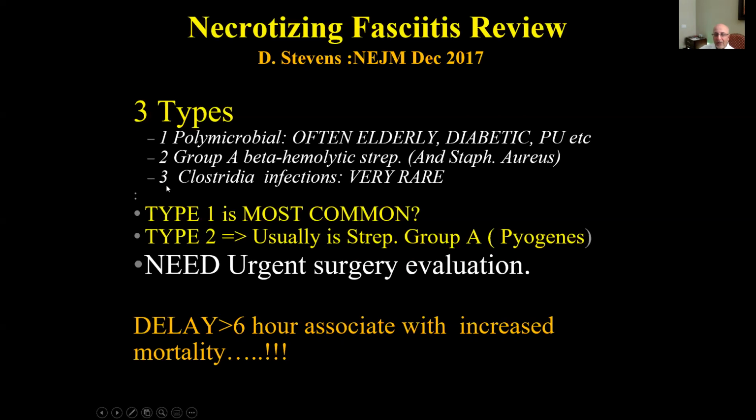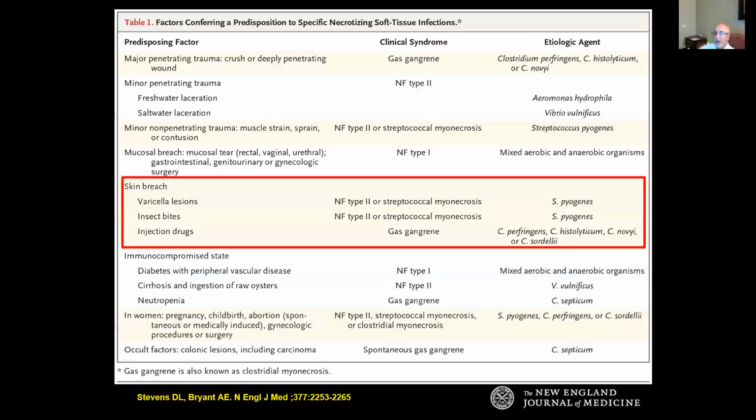Type 3 necrotizing skin infection is due to Clostridia infections that result in gas gangrene. This indeed is very rare, although this is generally what most clinicians think of first. Type 1, by some studies, has been found to be most common. Type 2 involves group A strep or strep pyogenes and staph. However, all need urgent surgical evaluation, as any delay beyond 6 hours will increase the patient's mortality.